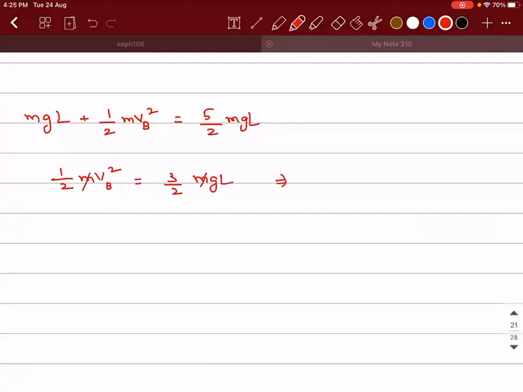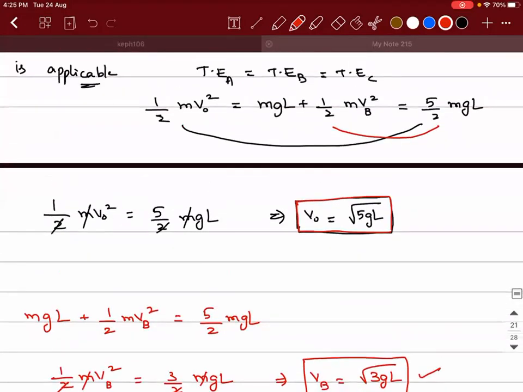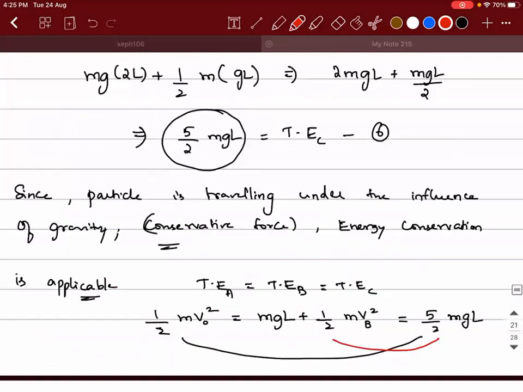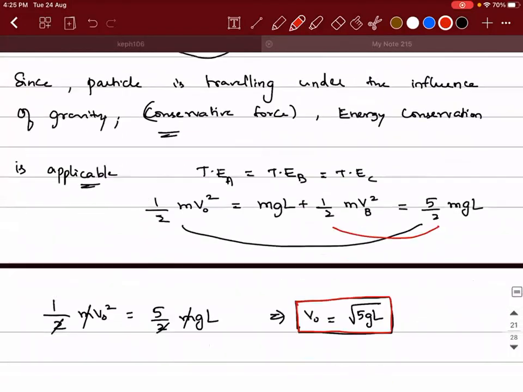M and M will get cancelled, 2 and 2 will get cancelled, which implies VB is equal to root of 3 into G into L. So the velocity at point B is root 3 GL, velocity at point A is root 5 GL, velocity at point C is root GL.